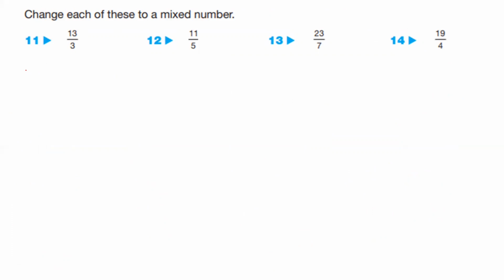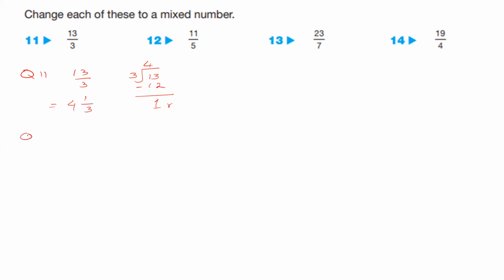Now same way we do question number 11. 13 upon 3 means the numerator will go in the dividend as 13, and then here outside will be 3. 3 is the divisor. 3 times what nearest to 13? So we make it 3 times 4 equals 12, and then we subtract, we get down 1 as a remainder. So it means this answer will be 4 whole 1 upon 3.